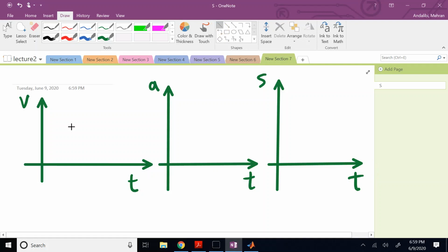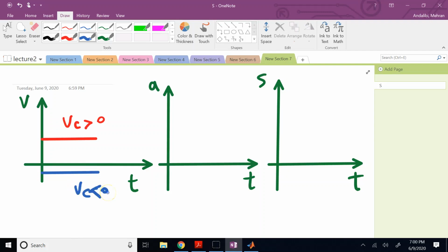So graph-wise, it means the velocity does not change. So it's a constant number, it's a horizontal line versus t, and either this constant number is positive, or this constant number is negative. Let me use a different color for this case. So it's constant, whether positive or negative, it does not change. So this is the uniform motion.